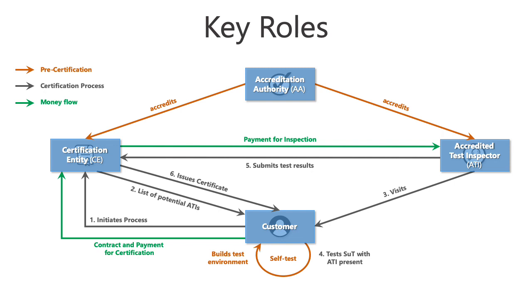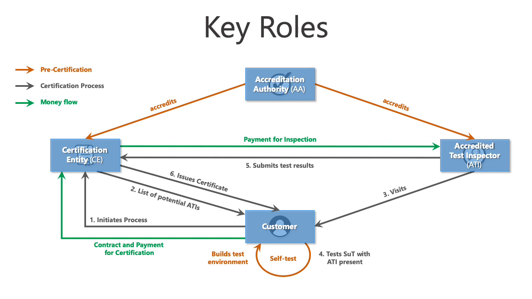The second step, represented with the black lines here, is the certification test itself. I will talk about that in a different slide. And the last one is money flow. So, of course, the certification test is not for free in the final operation capability.